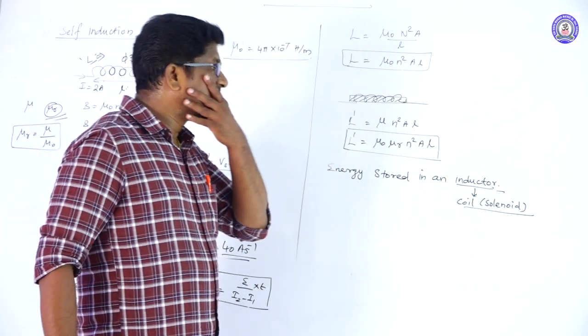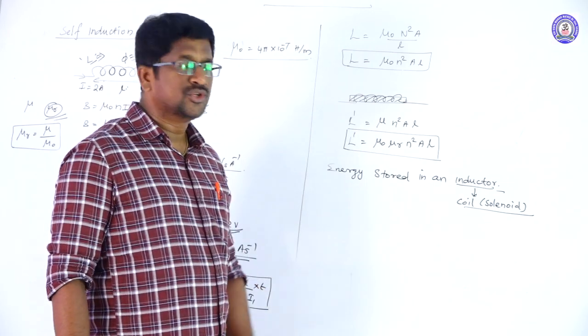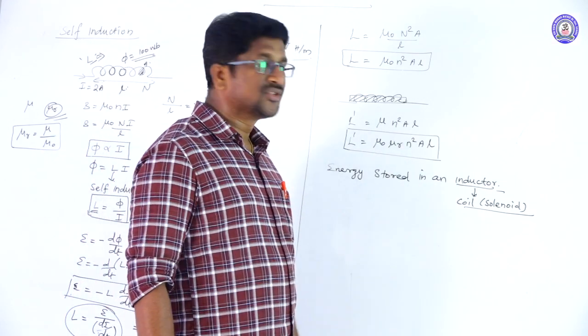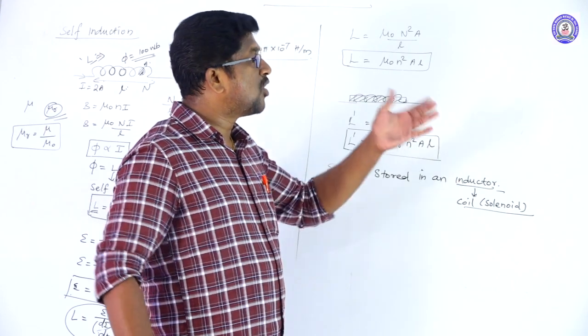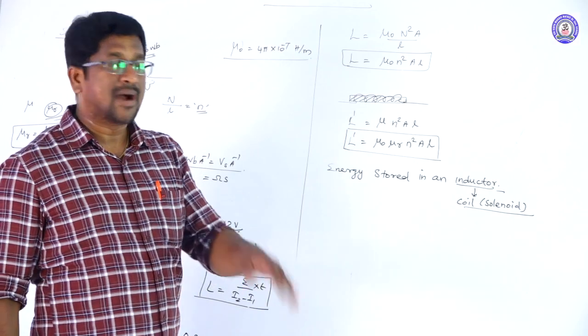So whenever the current flowing through the inductor changes, an EMF is induced in the coil. Induced current is produced in the coil. That induced current always opposes the applied current.